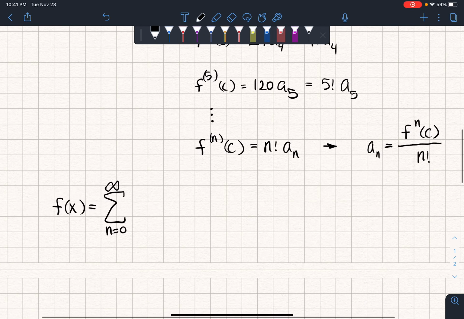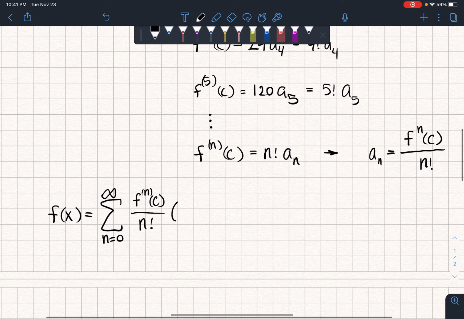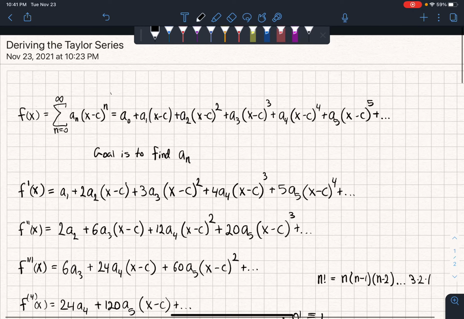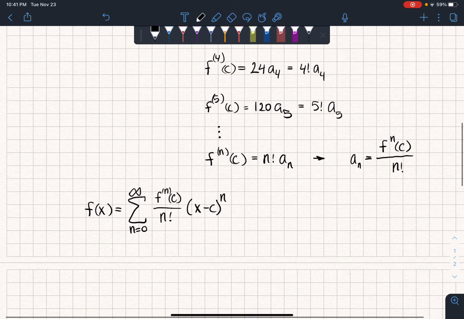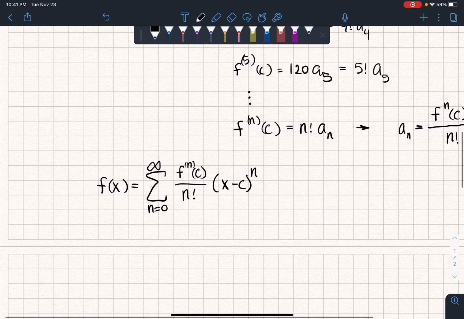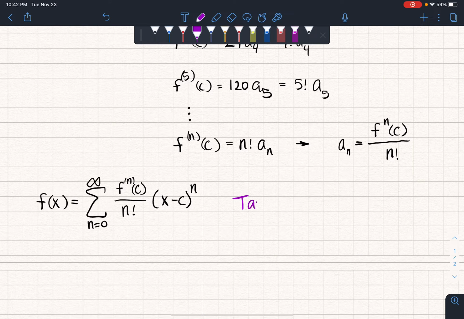That would be the nth derivative evaluated at c divided by n factorial, and then still multiplied by x minus c to the n. And there we have it. This is the formula for the Taylor series.